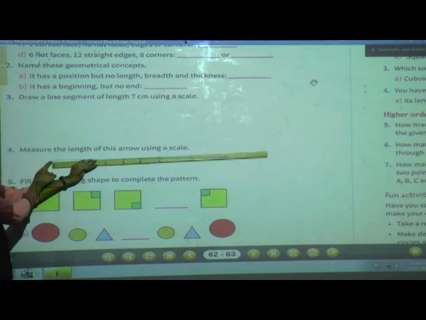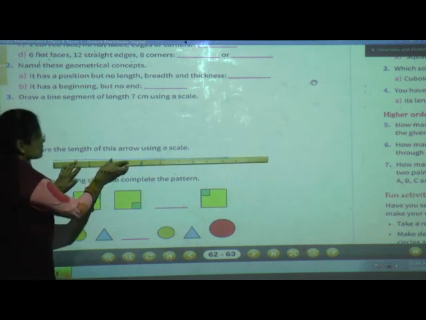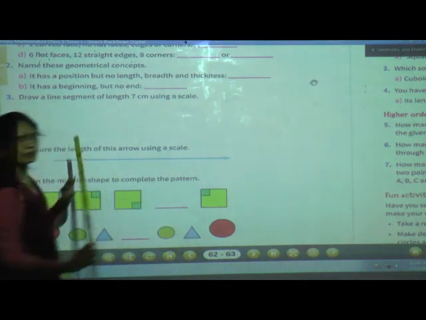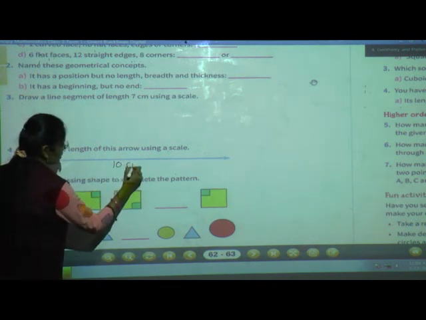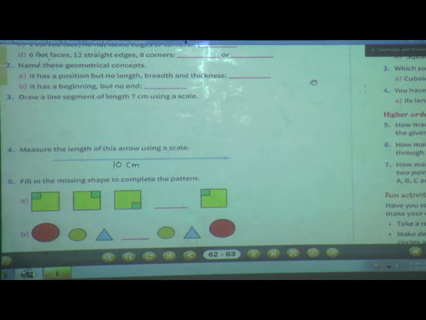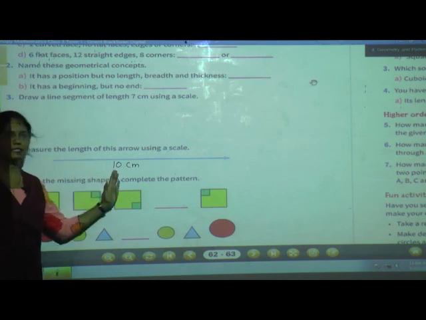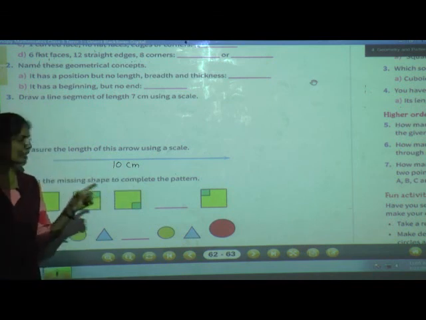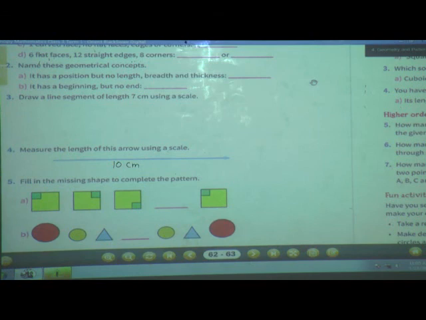Then see the other point, it is on 10. So the length of this arrow is 10 centimeter. Your length may come differ, because measurements may differ. Mine is 10 centimeter, but in your textbook, keep your scale, measure the length of this arrow and write it here.